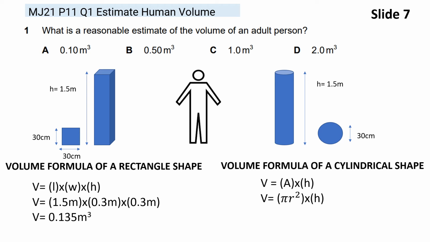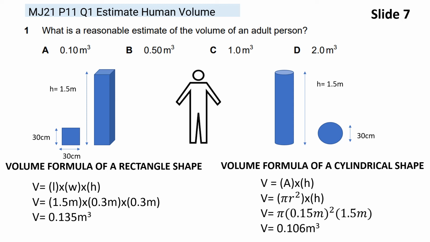Now let's go to see the cylindrical shape. Now we have the 30 centimeters here as the diameter. So the radius will be half of 30, which is 15 centimeters. Divided by 100 to convert to meter is 0.15. We need to square this times the height, which is 1.5. So the result is 0.106 cubic meter.